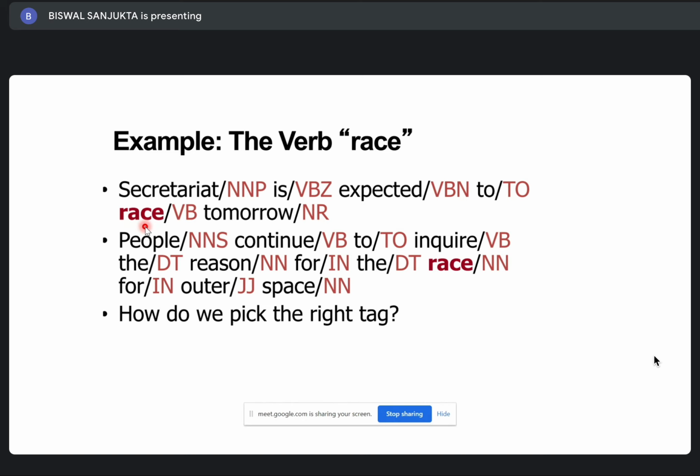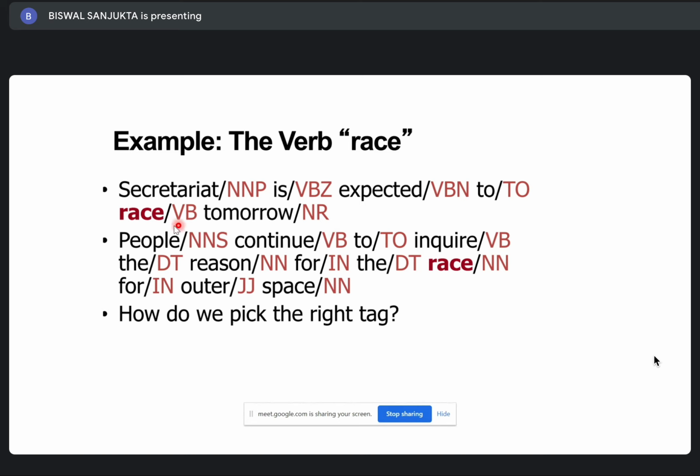For example, if in the data set I am using, let's say 90% of the time race is a noun, then if you are trying to find the POS tagging for this sentence, whatever probability you find after the calculation, you will see that race will also be a noun, because it is dependent on your data set. So wherever ambiguity comes, it will always be data set dependent.